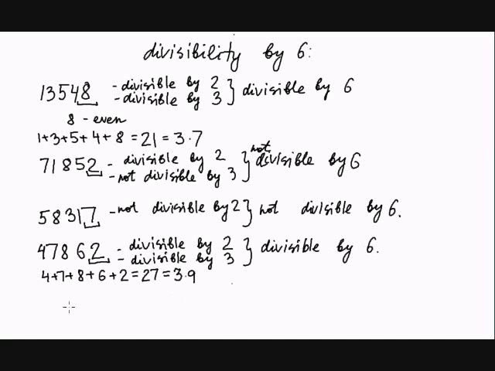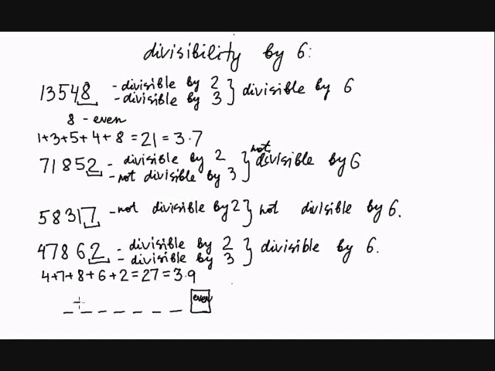Let's summarize. We have any given number. We can have as many digits as we want. In order for this number to be divisible by 6, it has to end with an even digit. So it has to end with 0, 2, 4, 6, or 8.